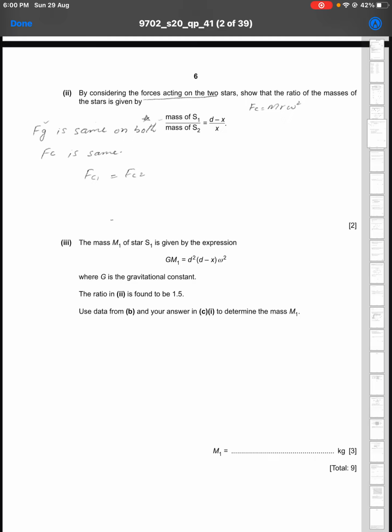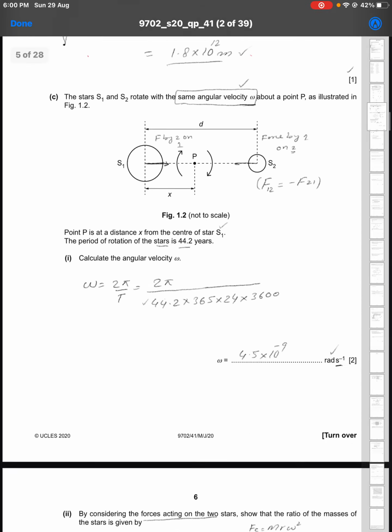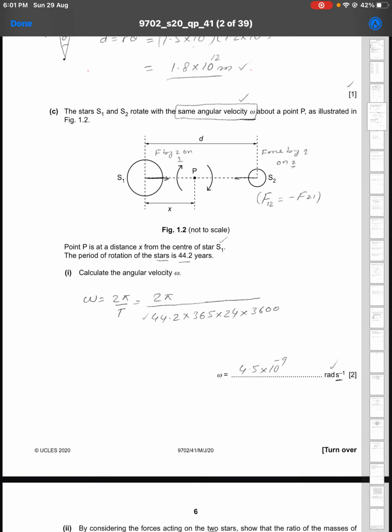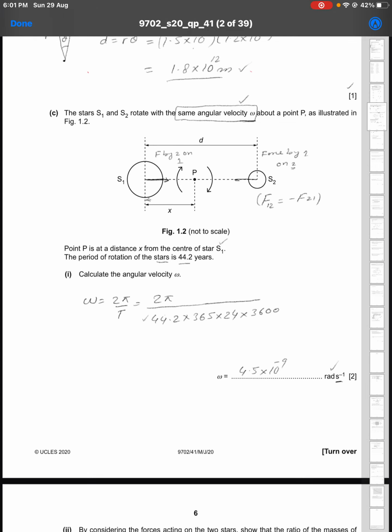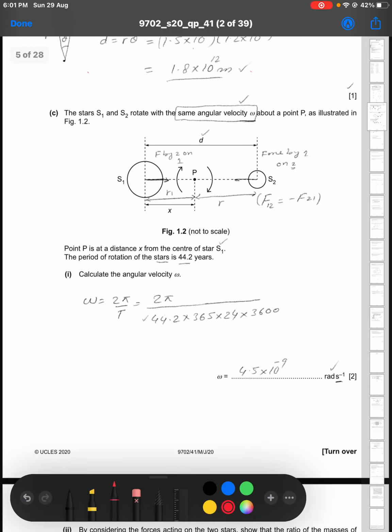In this case, the values of r are unknown, so we will find the value of r. Here you will consider r1, and here you will consider r2. So the total distance between these two stars is d.